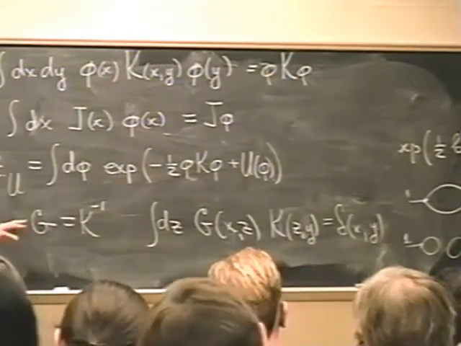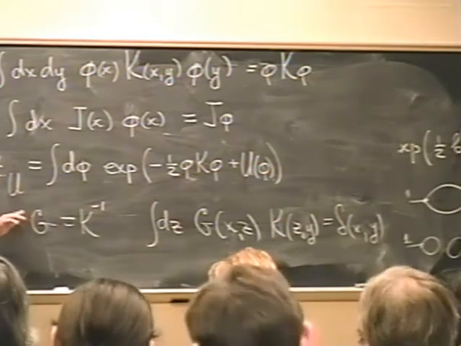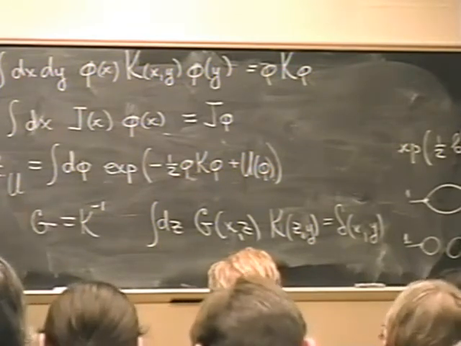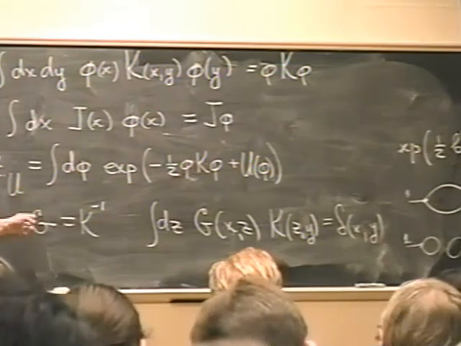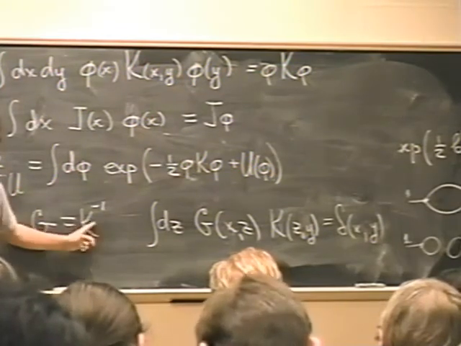So this will be the object which will appear on each edge of my Feynman diagram. This will be the Green function of the inverse of this K.